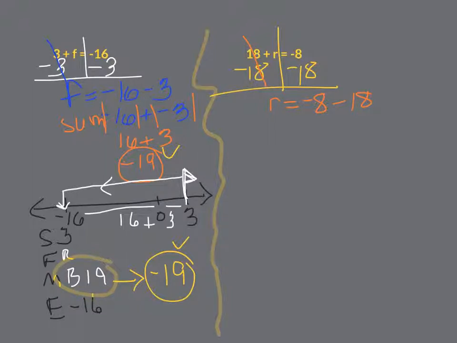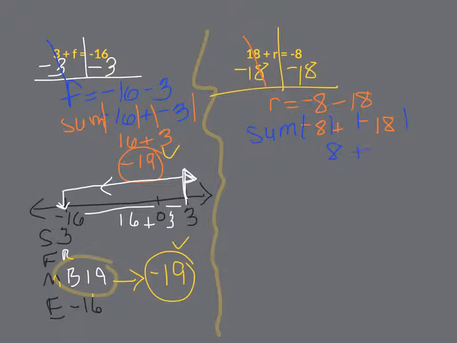Stay, change, change, cha-cha-cha. And then the signs are the same. Find the sum. So absolute values of both of them, because it doesn't matter if I'm finding their sum or their difference. So absolute value of negative 8. Negative 8 is 8 away from 0.